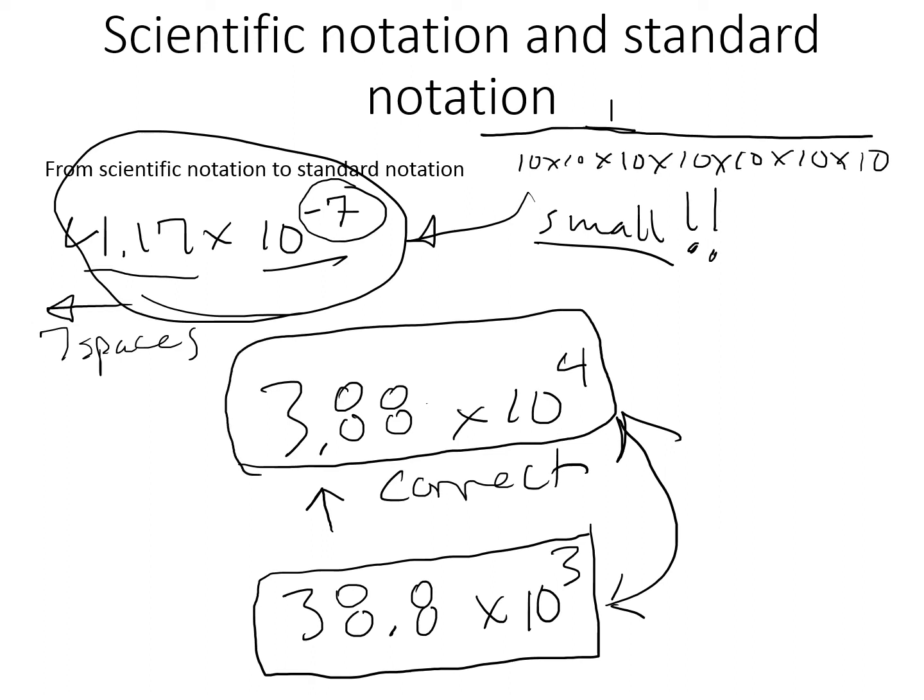They're the same value, but this one correct, this one wrong, simply because scientists have standardized the way that they write large numbers. You don't write 38, you write 3.88. So the decimal always goes after the first integer in scientific notation.